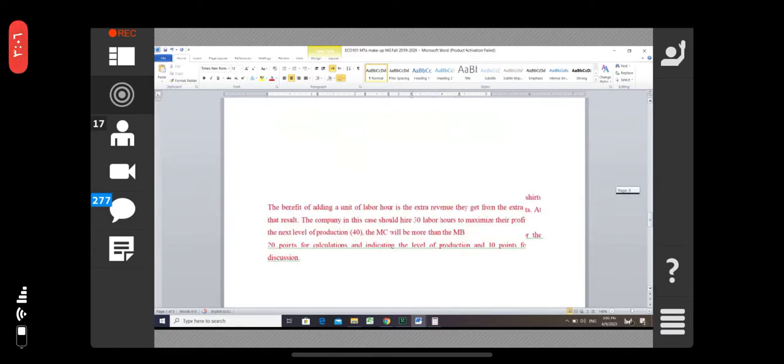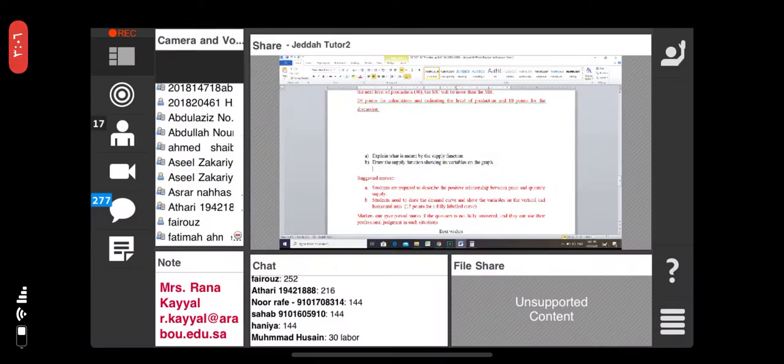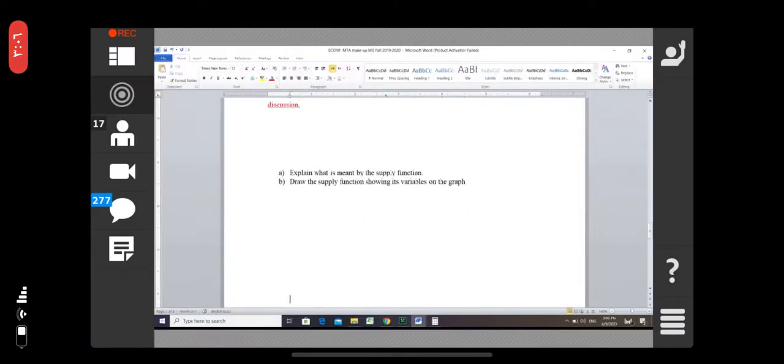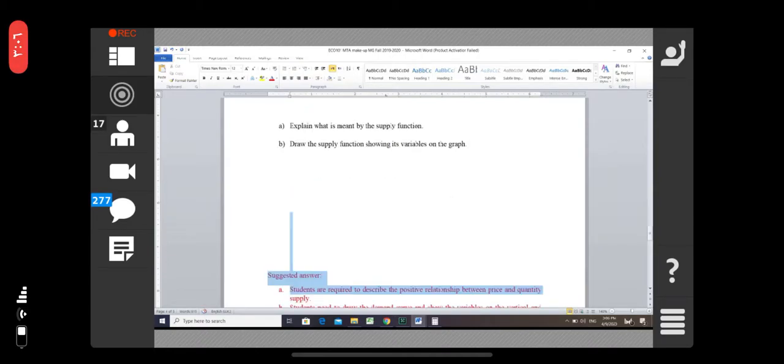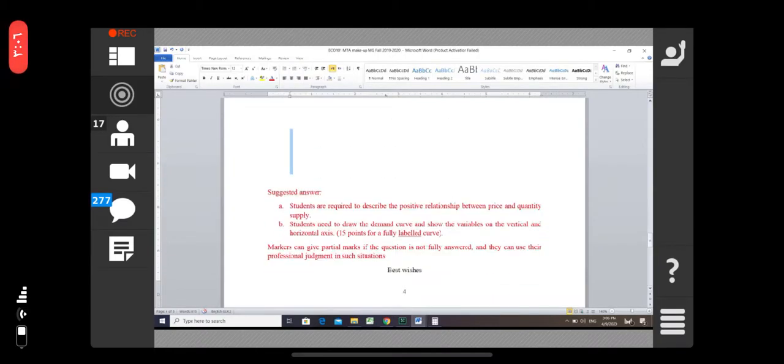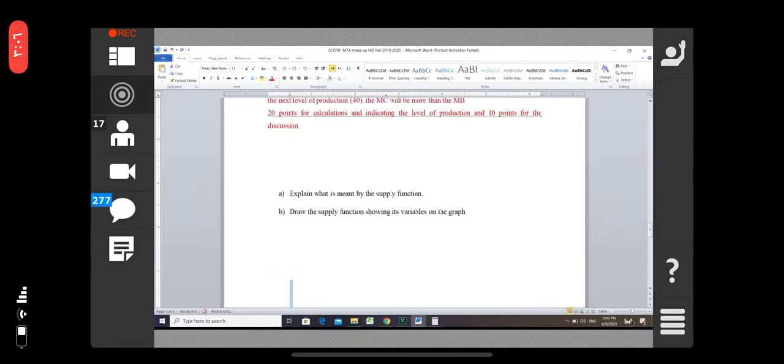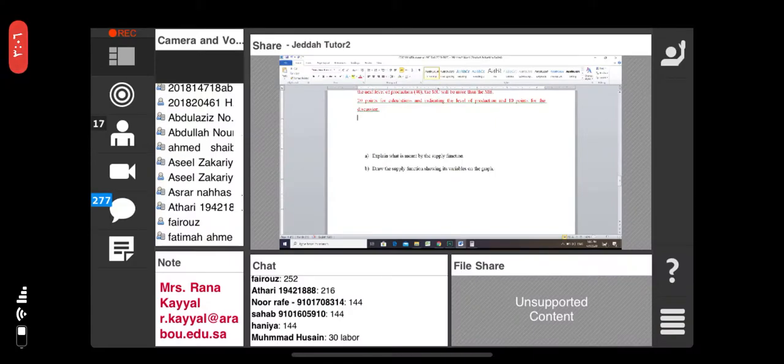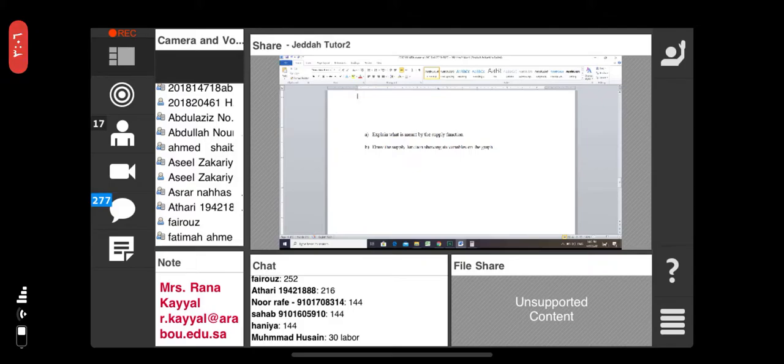So this one we have a different question. Explain what is meant by supply function. What do I mean by supply? What is the supply function? What does supply mean? In the market equilibrium I had demand and supply. What do I mean by supply?